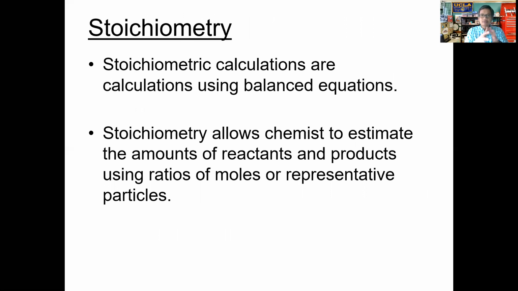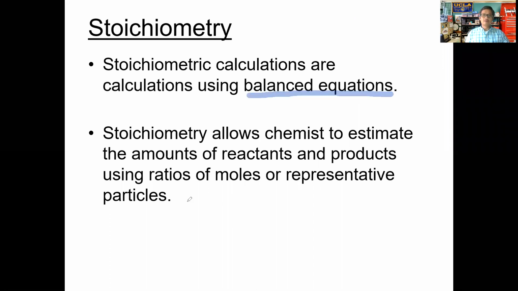Chemists use stoichiometry, which is a set of calculations based upon the balanced equation of a chemical reaction, to predict the amounts of reactants and products required in that particular reaction.